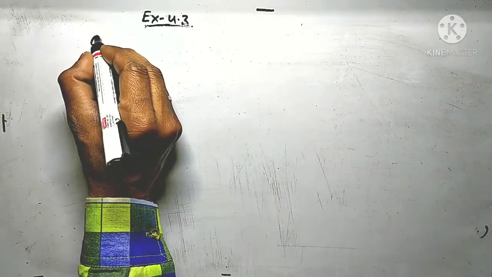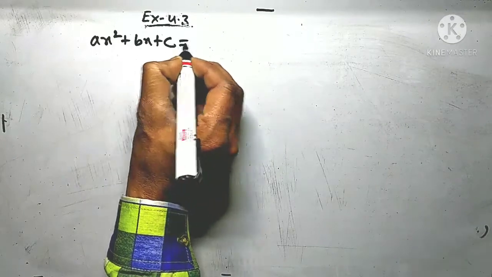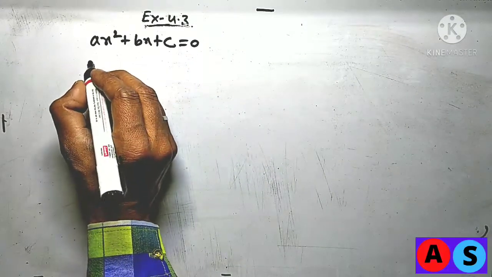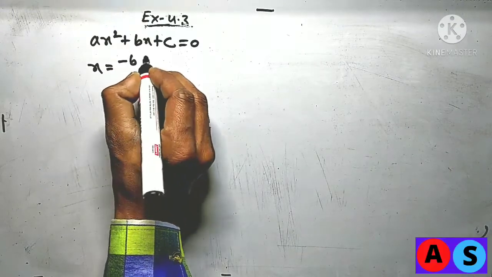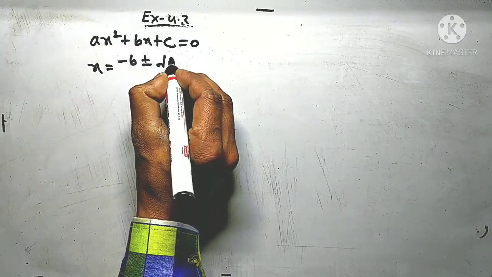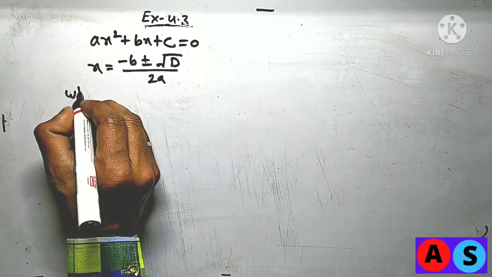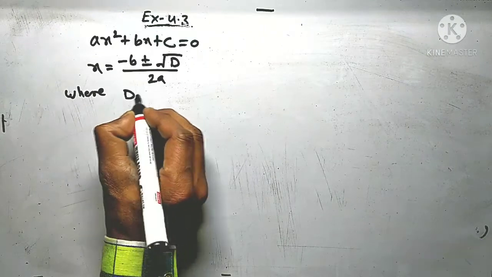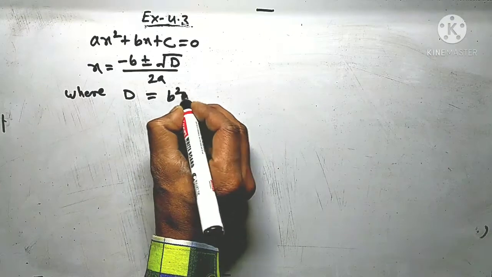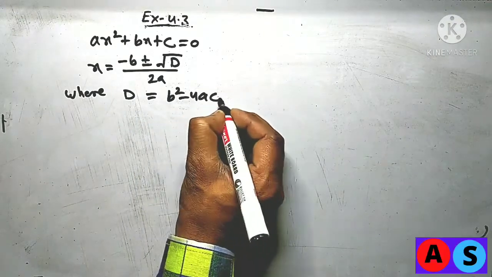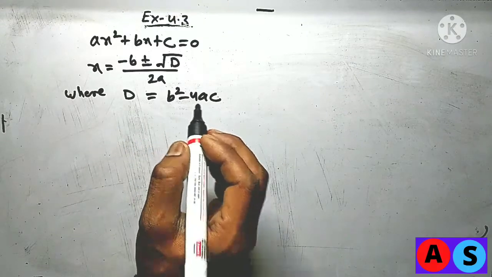Students, if a quadratic equation is ax square plus bx plus c is equal to 0, then the quadratic formula is given by x is equal to minus b plus minus under root D over 2a, where D is known as the discriminant, which is equal to b square minus 4ac.